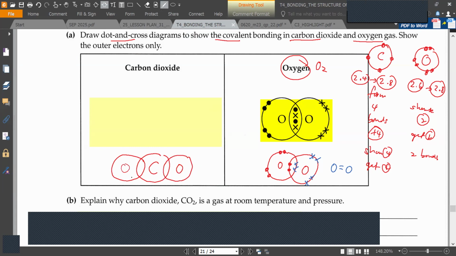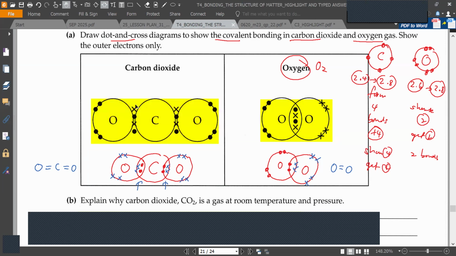So the most suitable arrangement is like this. 4 electrons from carbon, and then oxygen, 6 electrons, 1, 2, 3, 4, 5, 6, 1, 2, 3, 4, 5, 6. So it forms double bonds like this because of sharing 2 pairs of electrons.